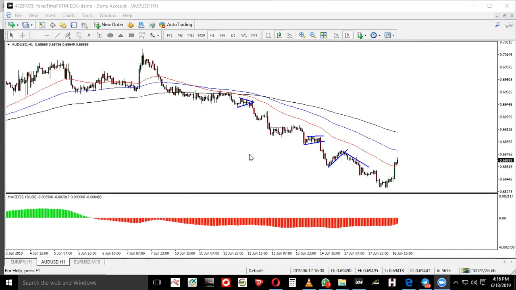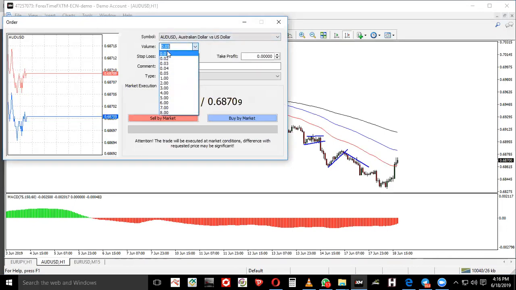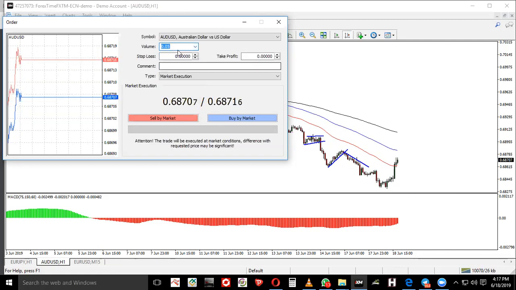So guys, if you look at this MT4, as soon as you click new order, you will see from 0.01, 0.02, 0.03, 0.04, 0.05, down to 1.0, 2.0, 3.0, 4.0, 5.0, 6.0, 7.0, 8.0. Now, guys, another name for lot size is called volume.